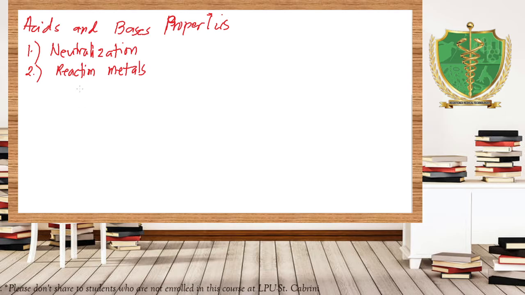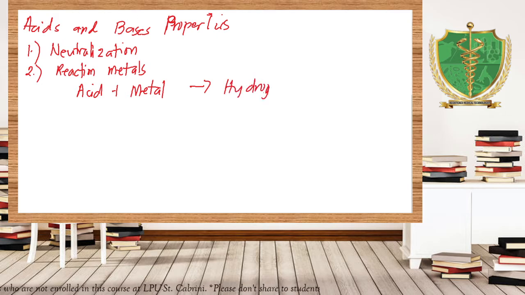Acid plus metal produces hydrogen gas. One of the best examples of this reaction is hydrochloric acid plus magnesium sheets or magnesium ribbon.